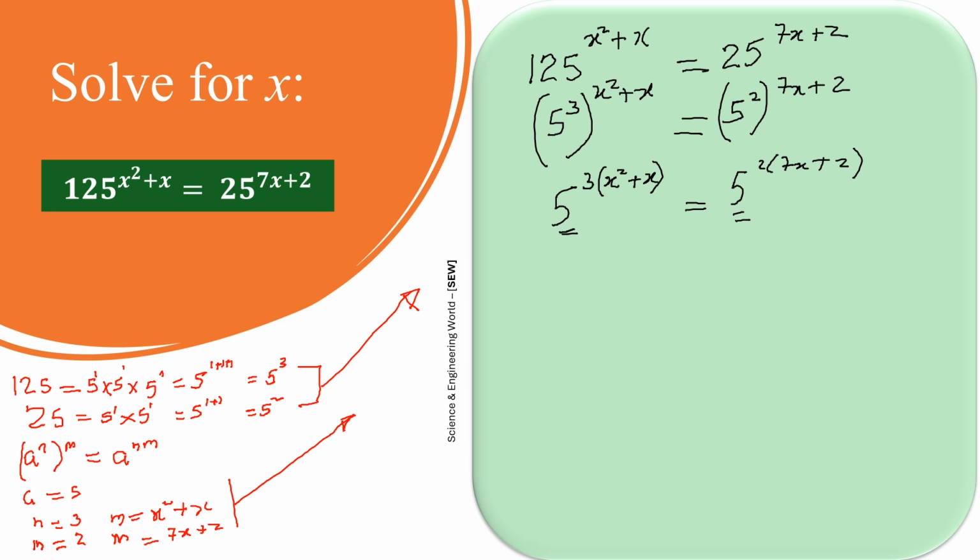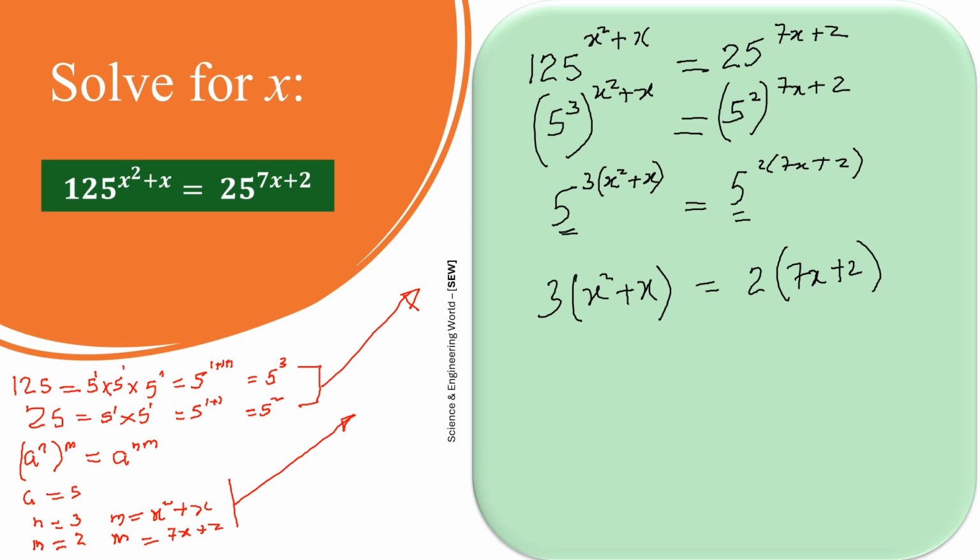So equating the powers, we can now write 3 multiplied by x squared plus x will be equal to 2 multiplied by 7x plus 2.